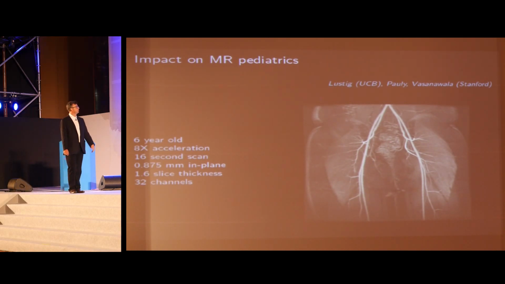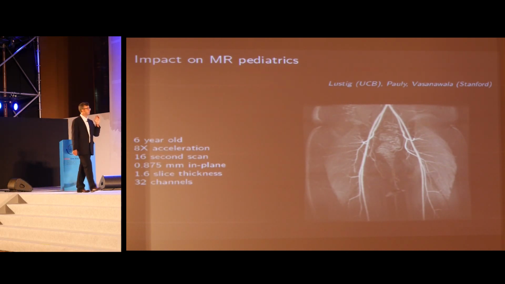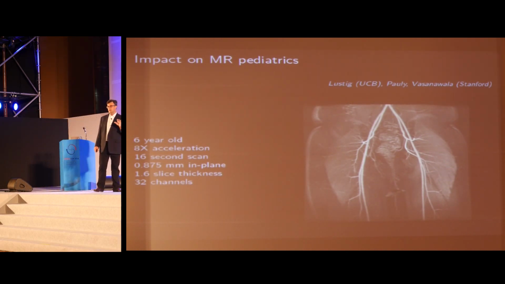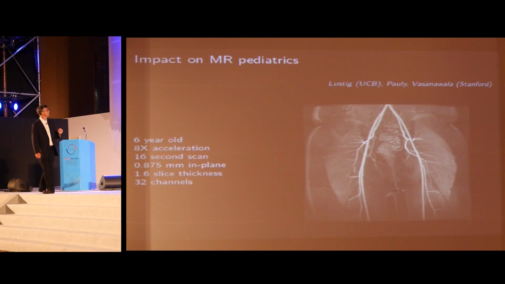These three researchers have shown that you could get exquisite images going 8 times faster than conventionally. Here you see a picture of a 6-year-old that has been accelerated 8 times by subsampling followed by convex programming, a technique I will from now on refer to as compressed sensing.